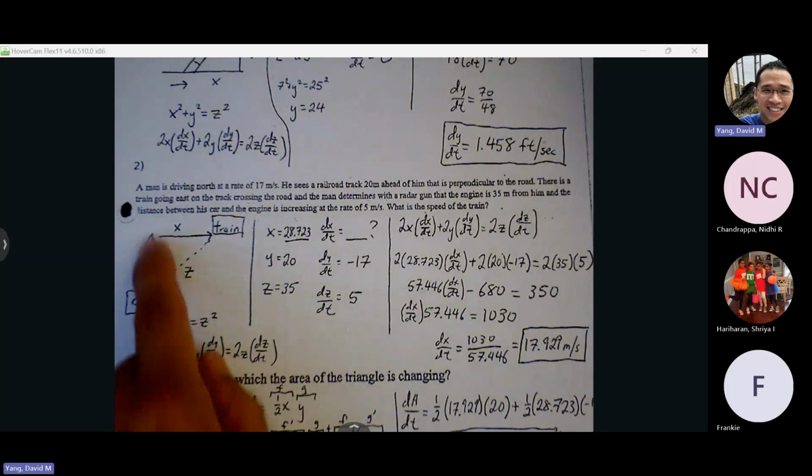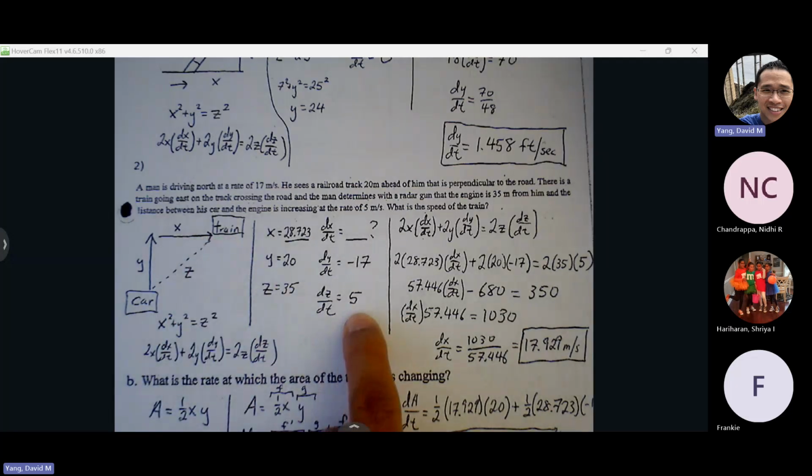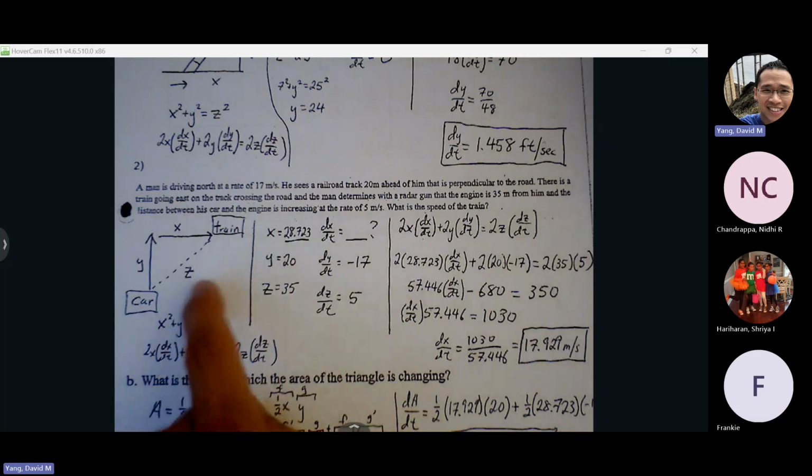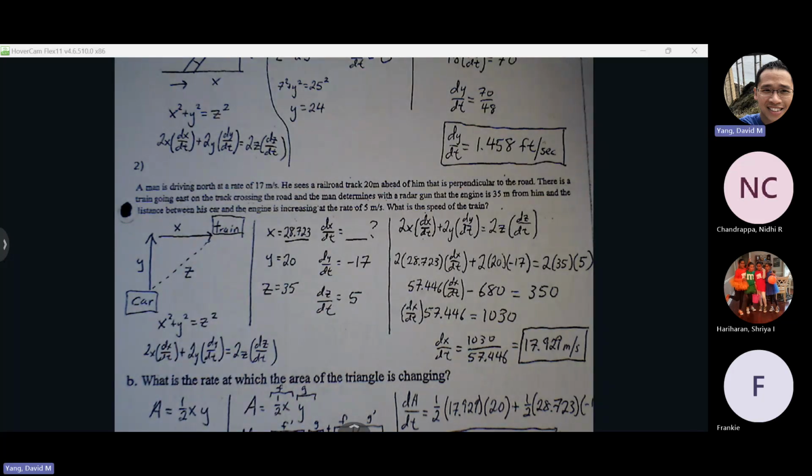Because of what we understand about this diagram, we know that dy dt should be negative and dx dt should end up being positive. In this case, they're telling us dz dt is positive, but we have to make that determination that dy dt is negative. As the car nears the intersection, it causes this vertical component of your triangle to be decreasing.